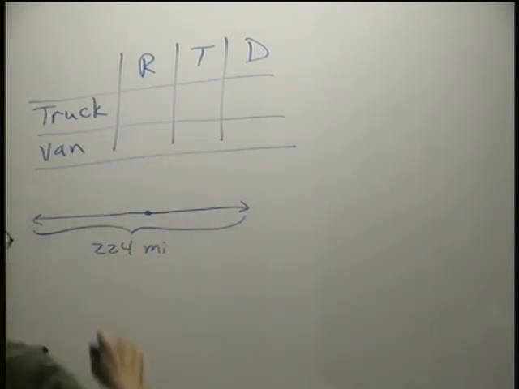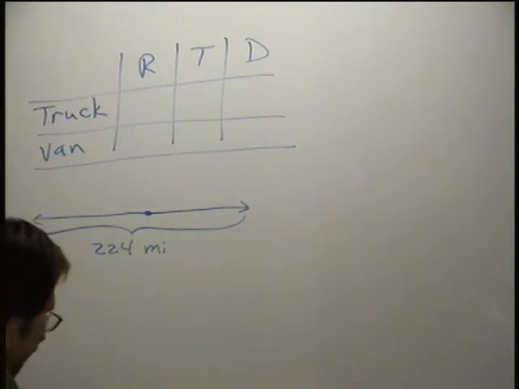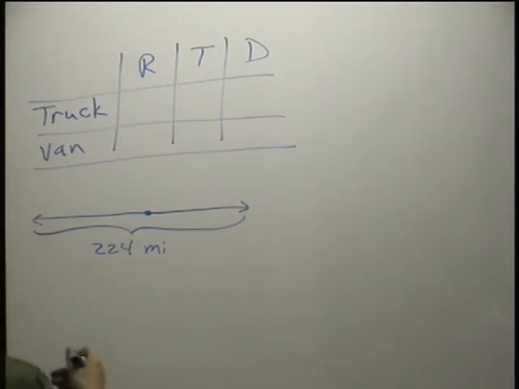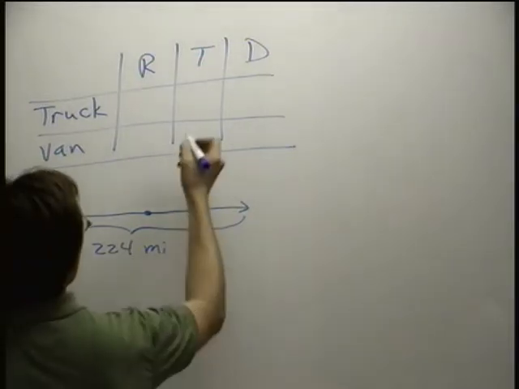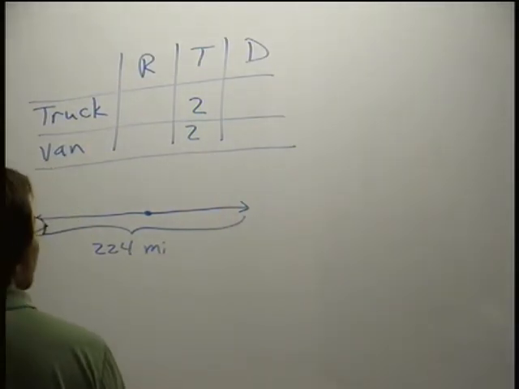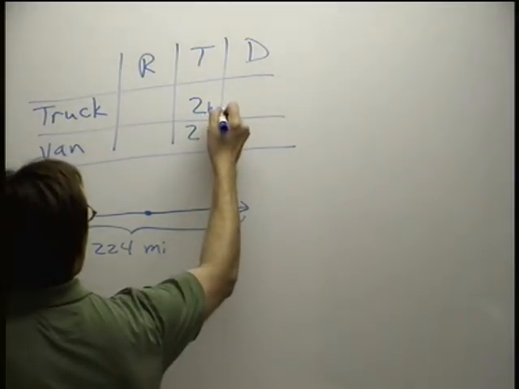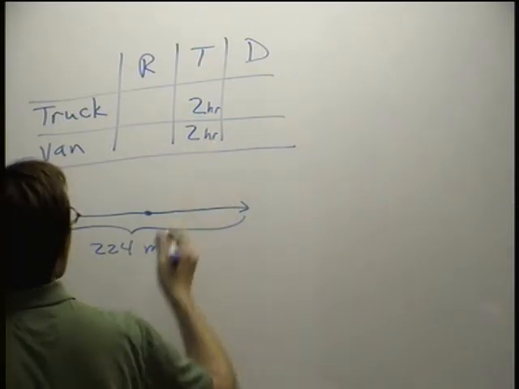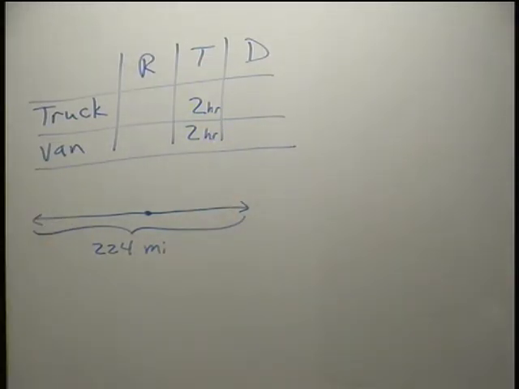So let's fill in the rates and the times. We are told the time is 2 hours for each of them. They travel for 2 hours.